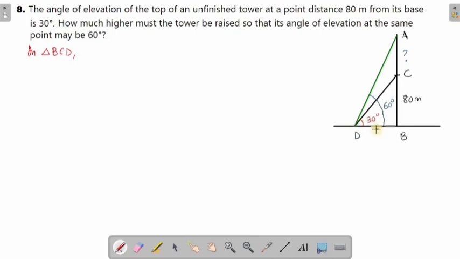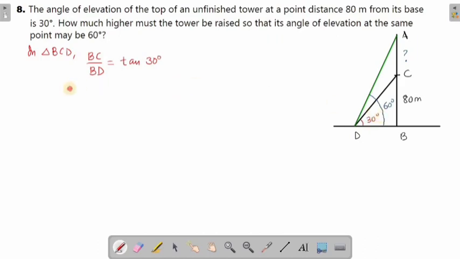The angle is 30 degrees, so opposite to this, BC is my perpendicular and BD is my base. So perpendicular by base: BC by BD equals tan 30 degrees.